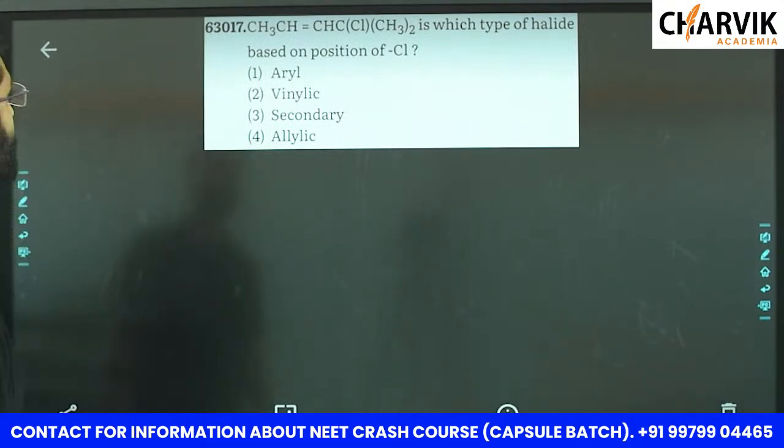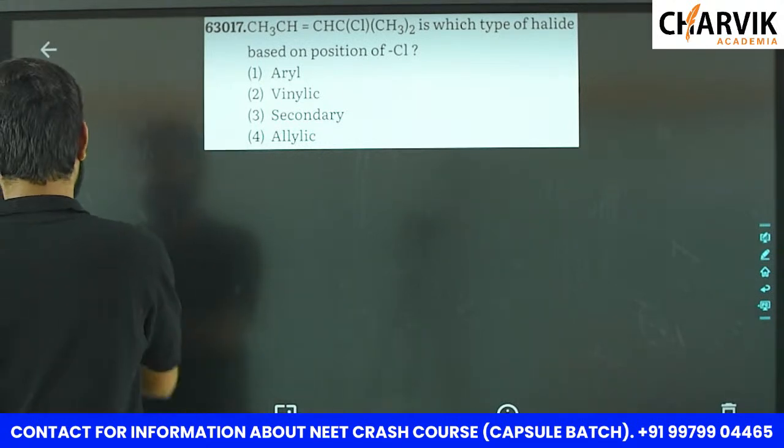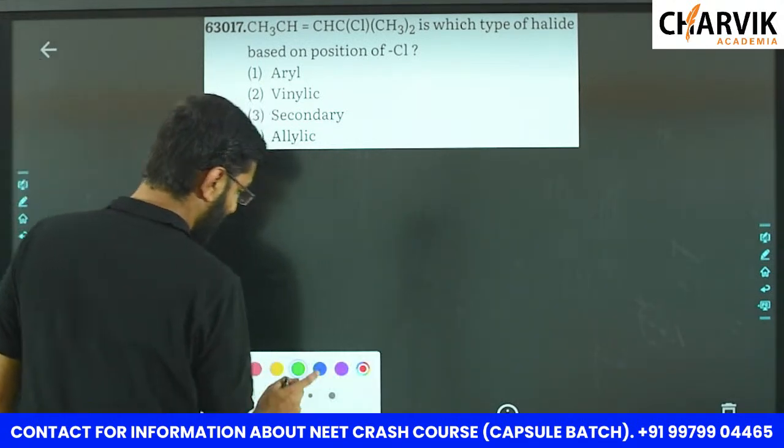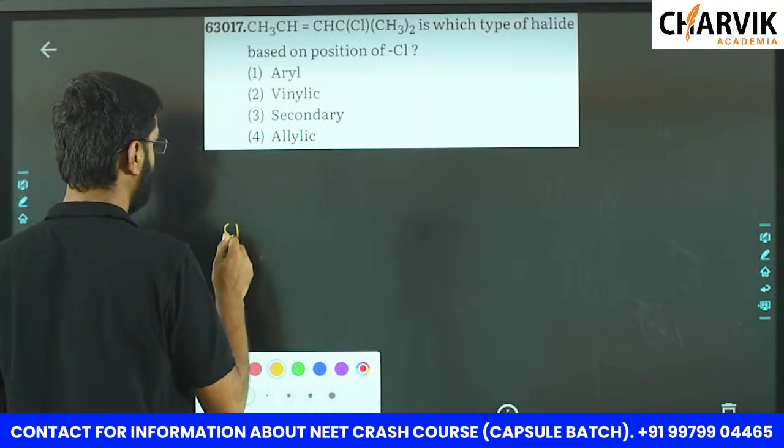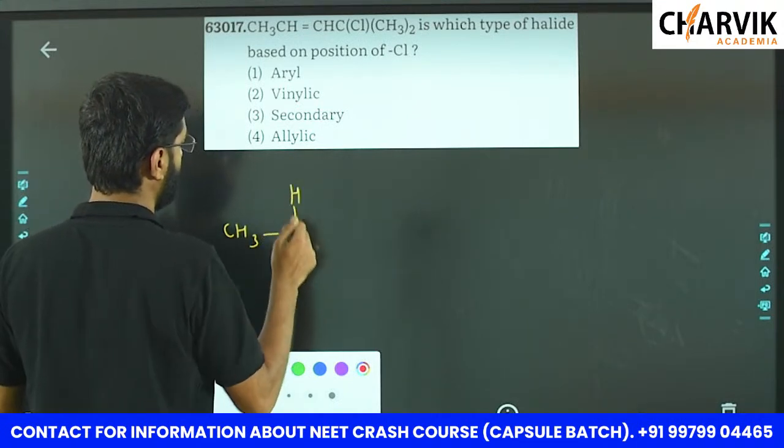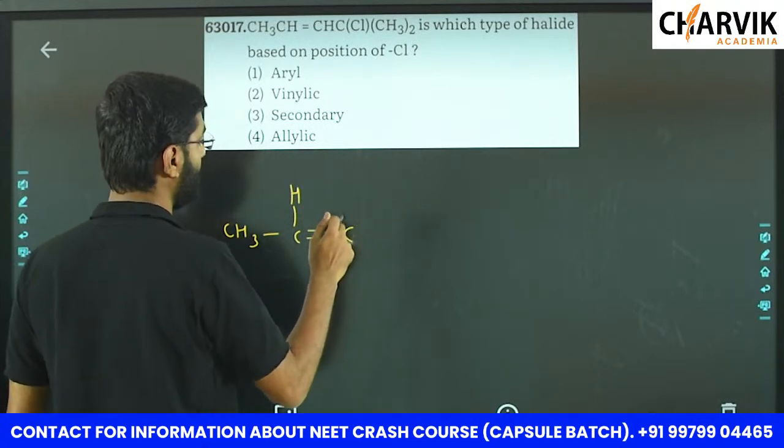CH3, CH double bond CH, CH Cl, CH3 twice. Which type of halide is this based on position of Cl?